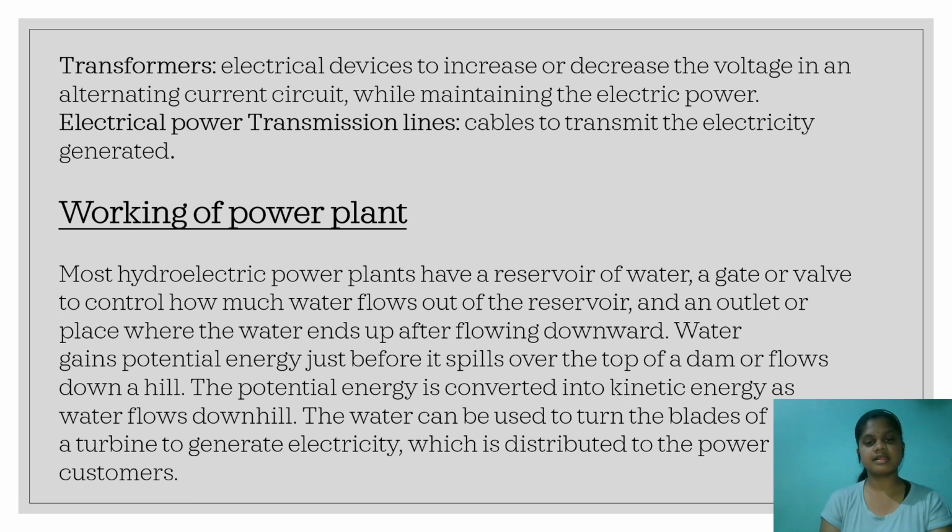The potential energy is converted into kinetic energy as the water flows downhill. The water can be used to turn the blades of a turbine to generate electricity, which is distributed through the power transformers to consumers.